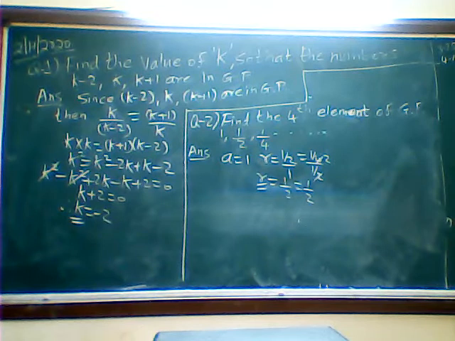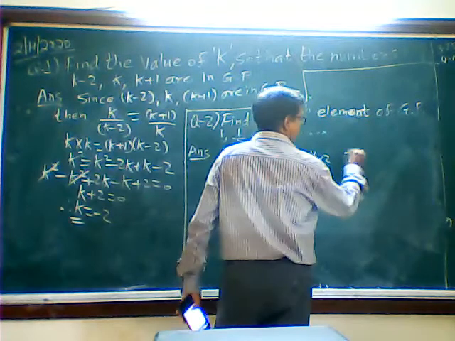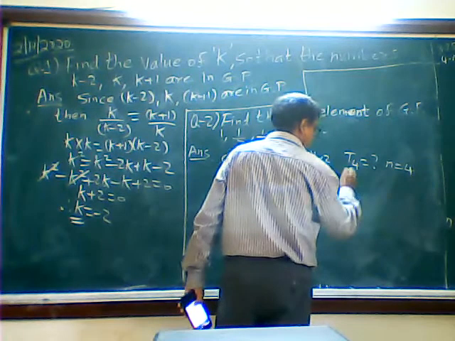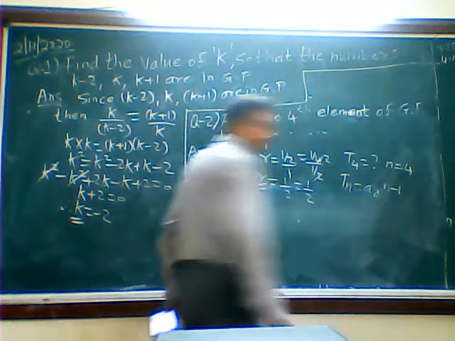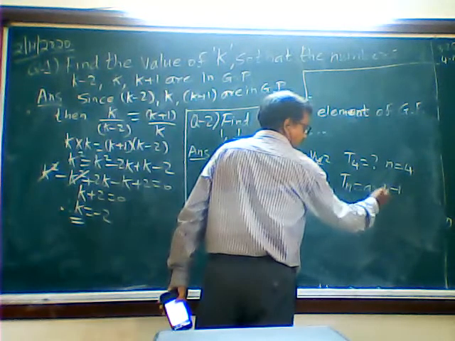The fourth element means T4, so n is equal to 4. What is the Tn formula? Tn is equal to A into R raised to n minus 1.